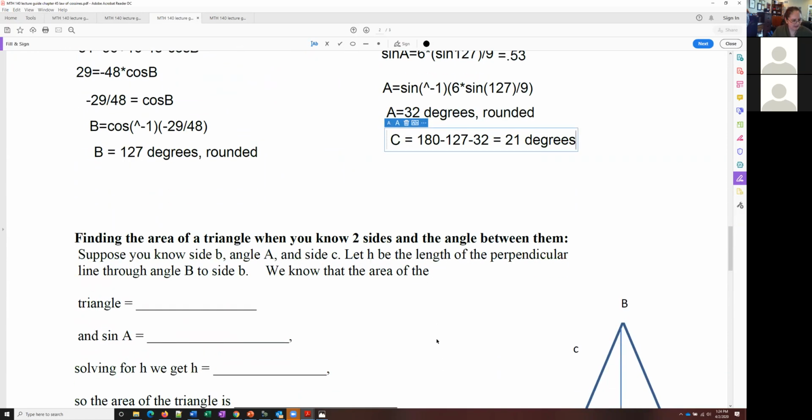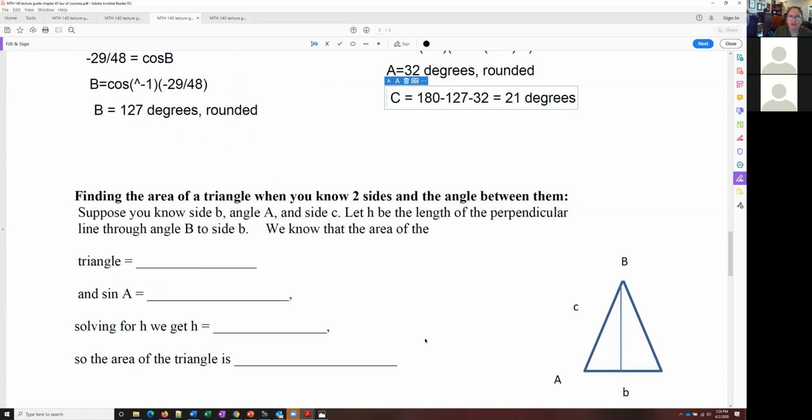Okay. So next, we want to look at finding the area of a triangle, if we know 2 of the sides and the angle in between them. Okay, so in general, we know that the area of a triangle is 1/2 times the base times the height. Okay, so let's go ahead and say this is our height right here.